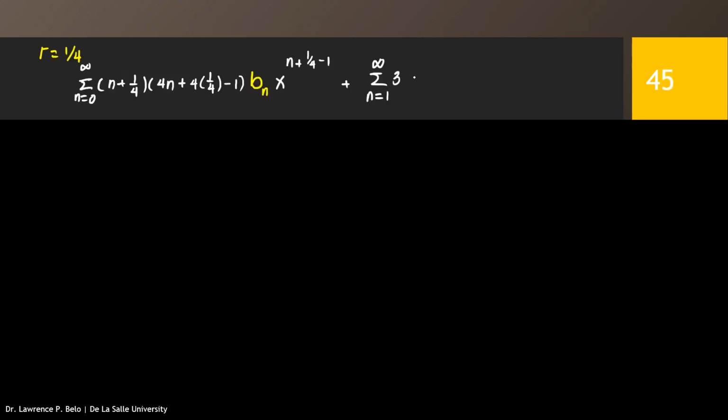So 3. Instead of a, again, we use b. And then this is n minus 1, x to the n plus r minus 1 equals 0.